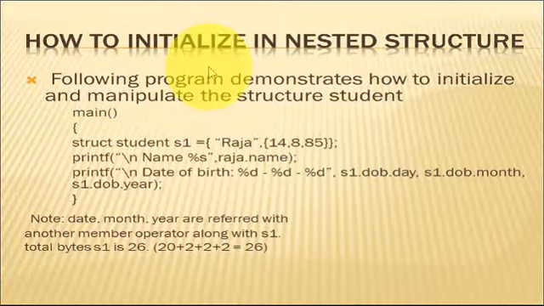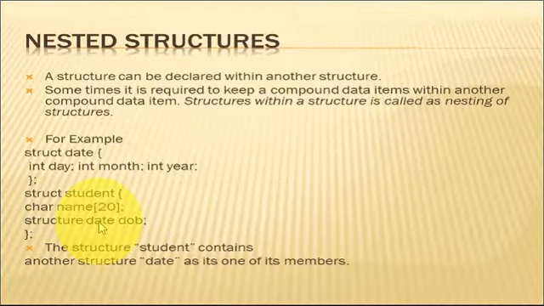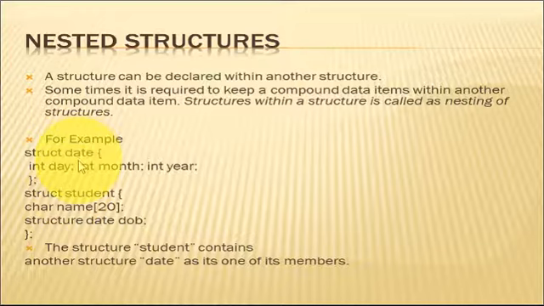Then how to initialize the nested structure? The following program illustrates how to initialize the nested structure. Here it's the main function. Inside that, struct student s1. In the previous slide we declared 2 structures, date and student. In student we have date as one of the data members.